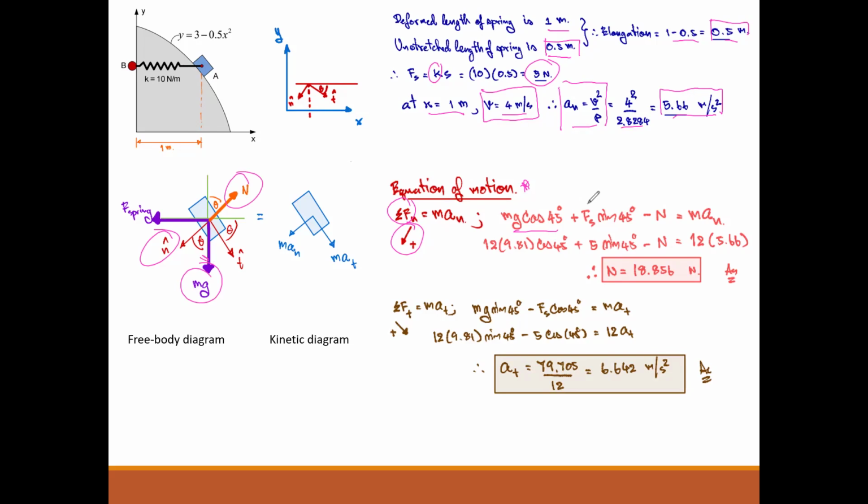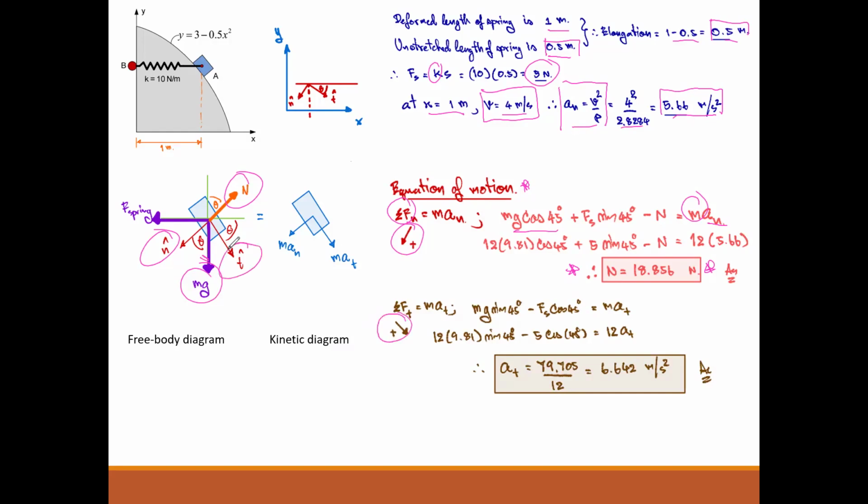After we form this equation, and we also know the mass and an we already determined, we can determine the normal force, that is 18.856 Newton. In the same manner for tangential direction, the positive is the same as the positive tangent.